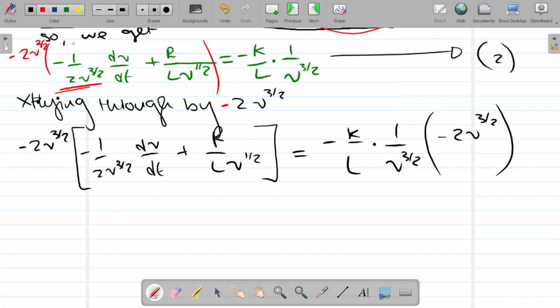But what we get, let's turn to blue. So this term multiplied by this term cancels to give, well, we just get dv by dt. And then we get a minus, because this minus 2v to the power 3 over 2 multiplied by the plus r over L v to the power half becomes minus r over L v to the 3 over 2.